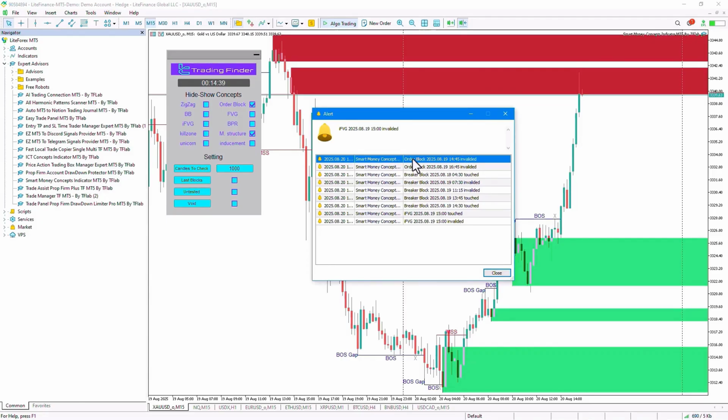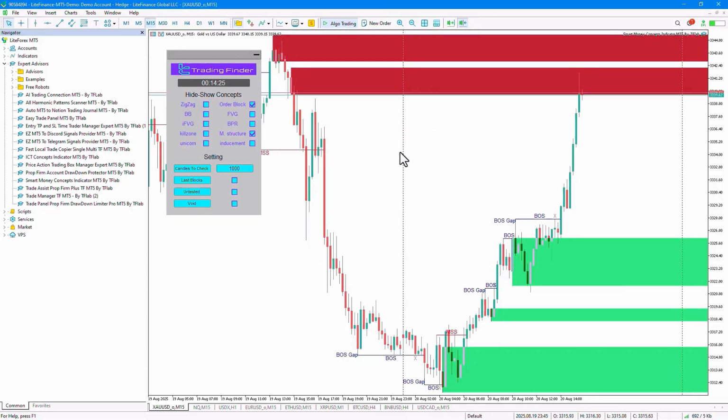This is the validation of a bearish order block zone, and there are other messages as well, such as when the price reaches a breaker block zone for the first time and touches that area. You can also receive these messages as notifications on your mobile or as alerts sent to your mailbox.